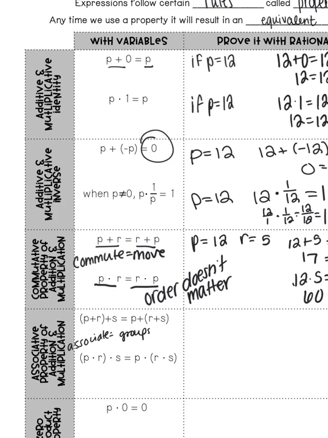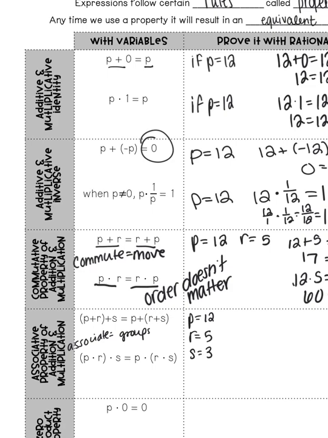How you group things when you're adding and multiplying doesn't change the answer either. So we'll say P equals 12, because we have to define our variables, R equals 5, and S equals 3.